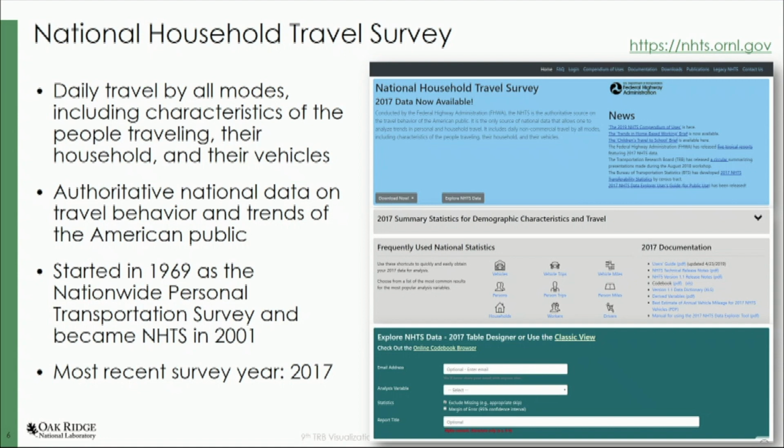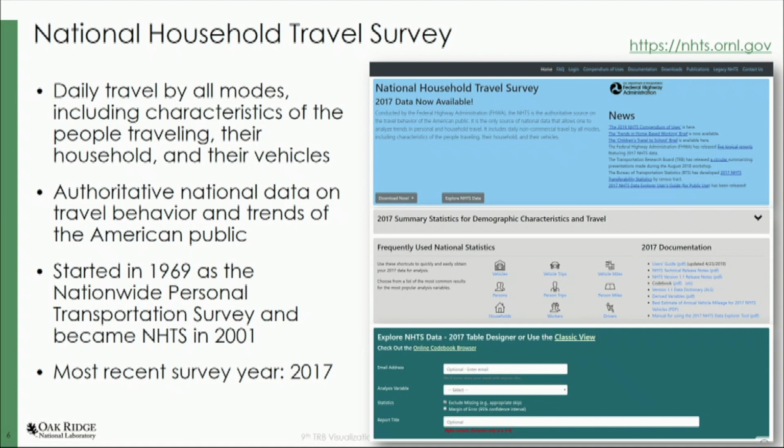So it's giving the government an overview of the daily travel conducted by the US population. It includes all the modes in terms of cars, transit, bike, and pedestrian, and there's some information there in the data set.